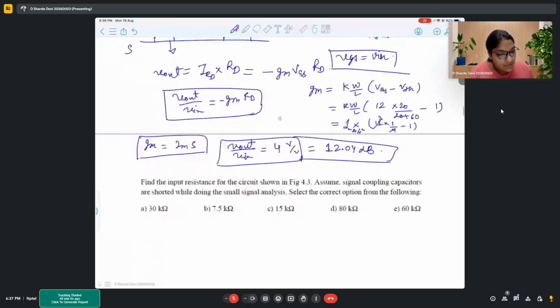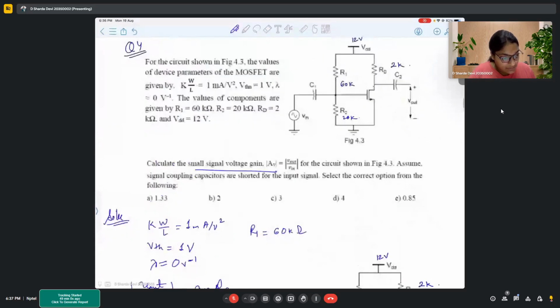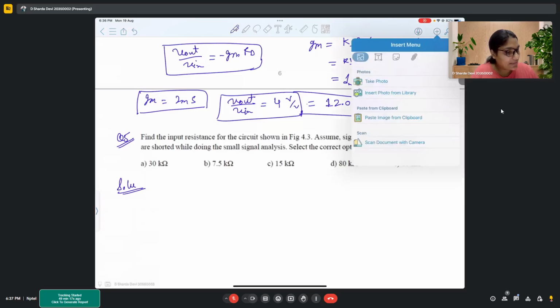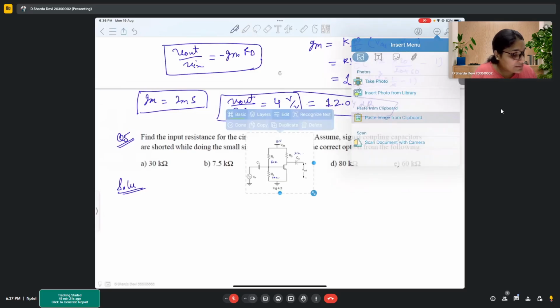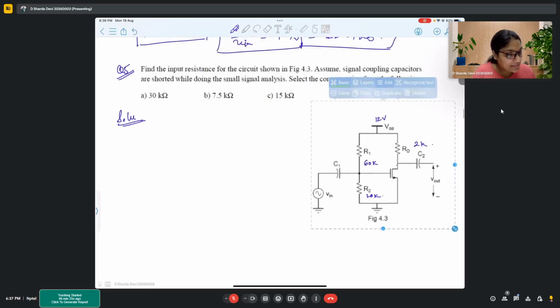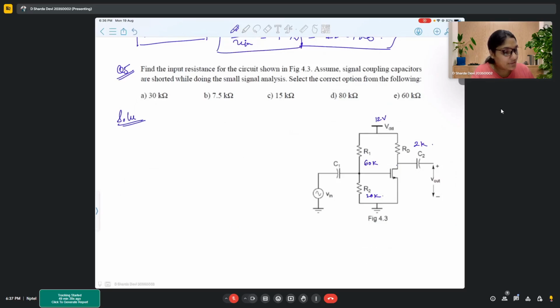Okay, so moving on to the next problem. This was question number 4. So question number 5. In the same problem, again we have to find the input resistance. So what will be the input resistance for this particular circuit seen by this input source?